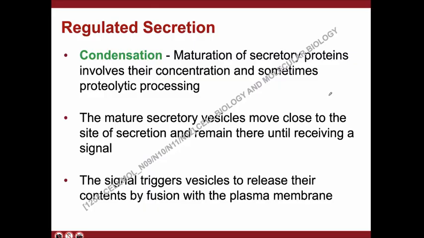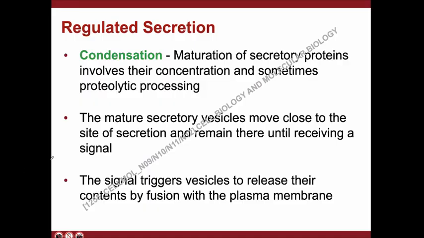So regulated secretory vesicles form, again, by budding from the trans-Golgi network face, and they are formed as initially immature secretory vesicles, which undergo a subsequent maturation process. Okay? So the maturation of your secretory proteins involves their concentration, which is called condensation, and sometimes proteolytic processing.